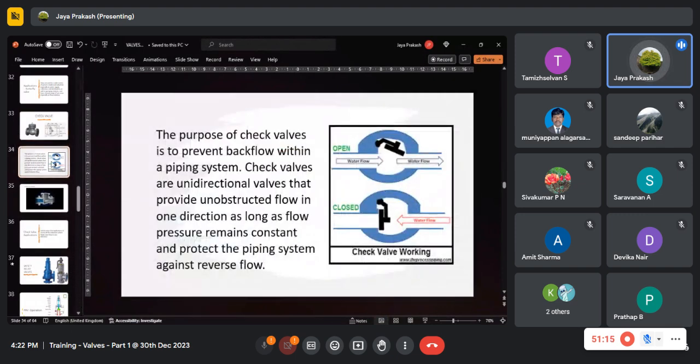The purpose of the check valve is to prevent backflow within a piping system. Normally we have a foot valve in our irrigation wells. That is also a type of check valve. When the motor starts, the check valve opens and the flow from the well to the motor takes place.